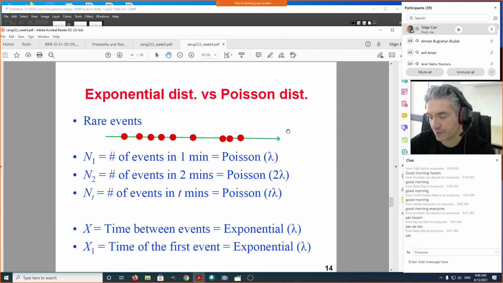For example, you cannot consider raindrops falling on a plate a rare event, because multiple raindrops may be falling simultaneously. So you may have to model it with something different. But most of the time, when we observe these real life events, the experiments from practice, we see that many of such rare events actually follow Poisson distribution.